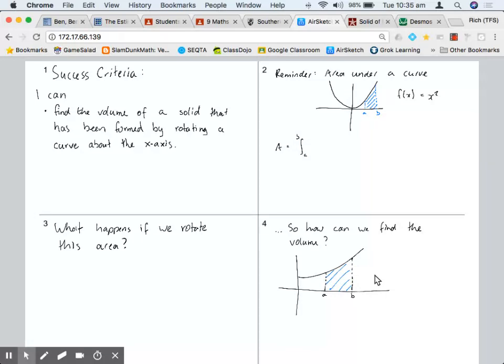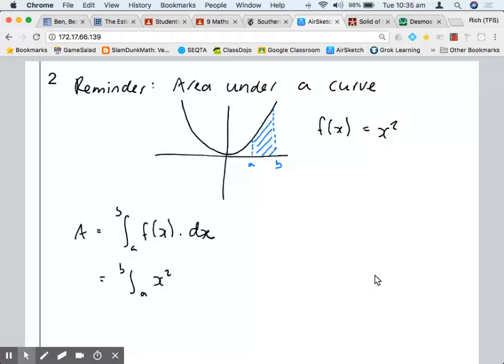the integral of f of x dx between a and b, which would be in this case x squared, like so. I might just zoom up because it's probably a bit too small. You don't really need to see the other slides at the moment. That's a bit better, isn't it?